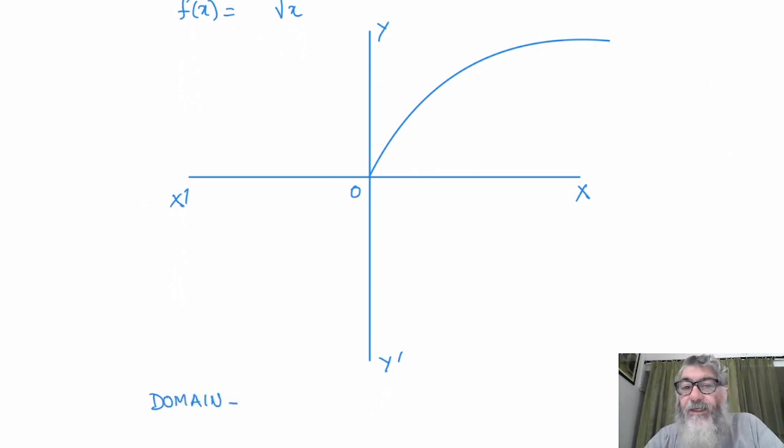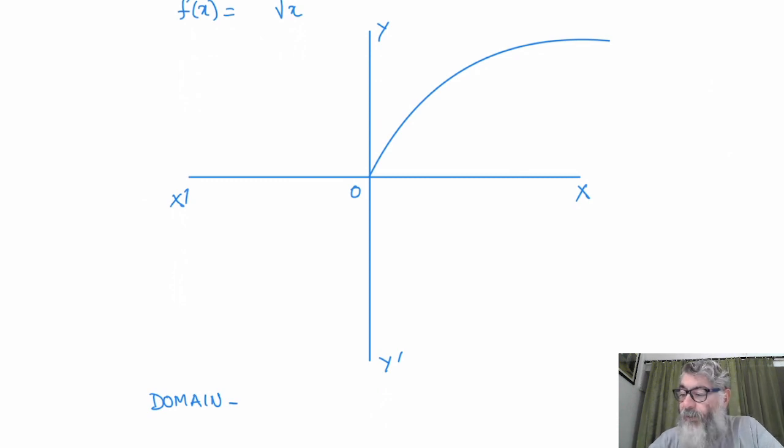Now you can see it is only in the first quadrant. Second, third, fourth, all are free. If the third quadrant or fourth quadrant is free, that means it has no negative values. No negative values of x are given, because under root x will become a complex number.